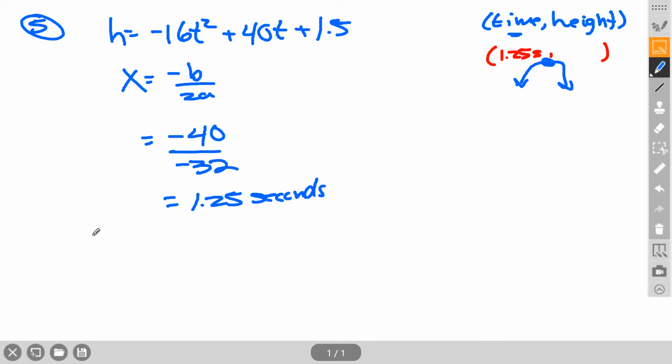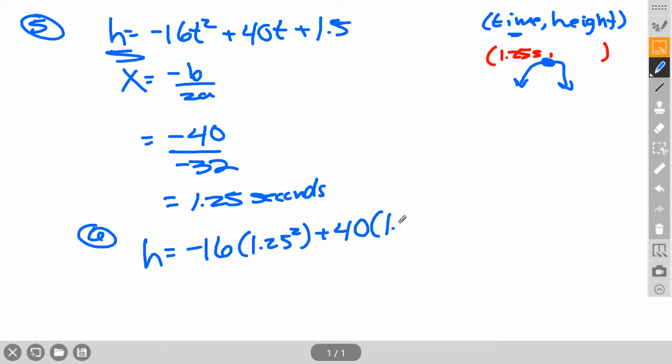Now for number 6, I want to know the maximum height, the h value, so that means I'm going to plug or substitute this 1.25. So negative 16 times 1.25 squared, plus 40 times 1.25 plus 1.5. All right, so I'm going to simplify this. 1.25 squared times negative 16 is negative 25, plus 40 times 1.25, this is 50, plus 1.5.